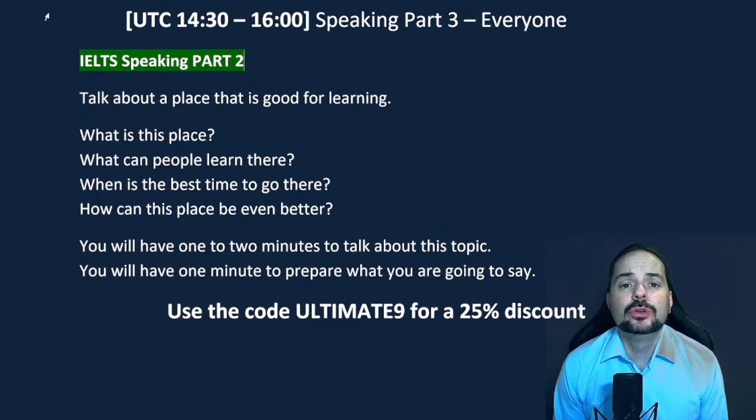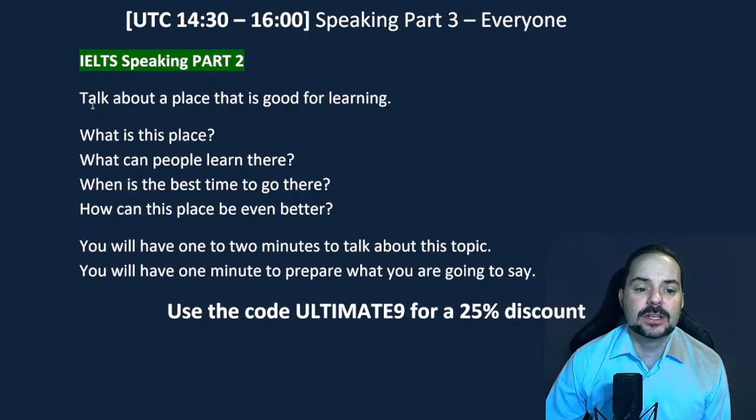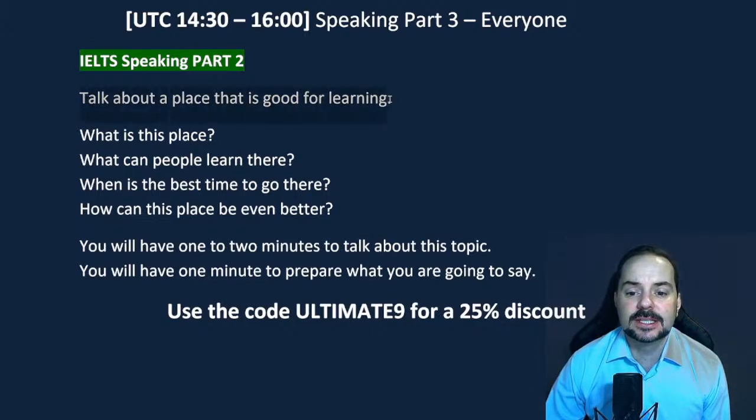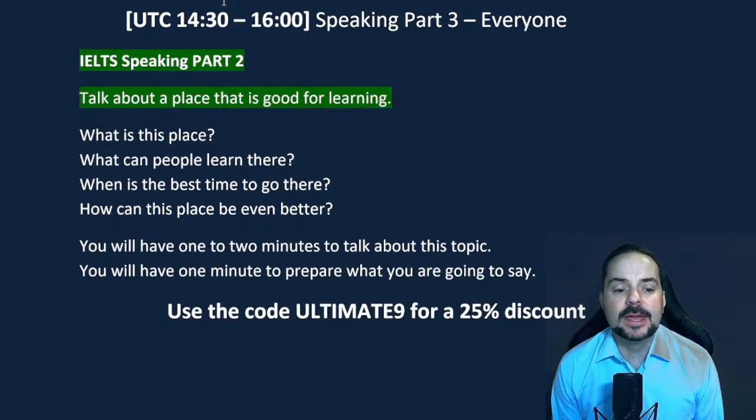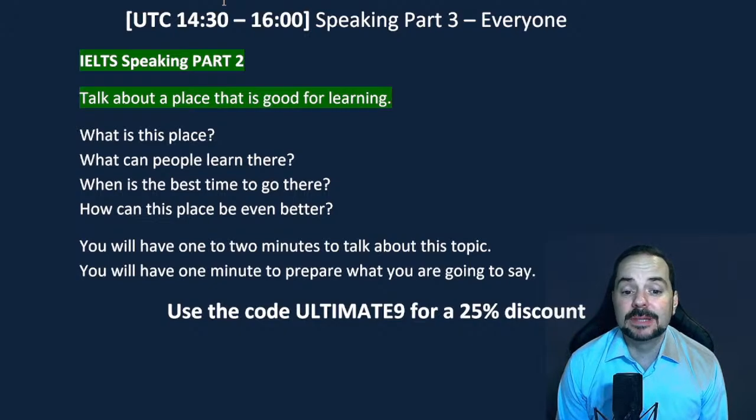And then in part 2, the examiner will give you some questions on a specific idea. In this case, we're talking about a place that is good for learning, and then you have to figure out what the place is.